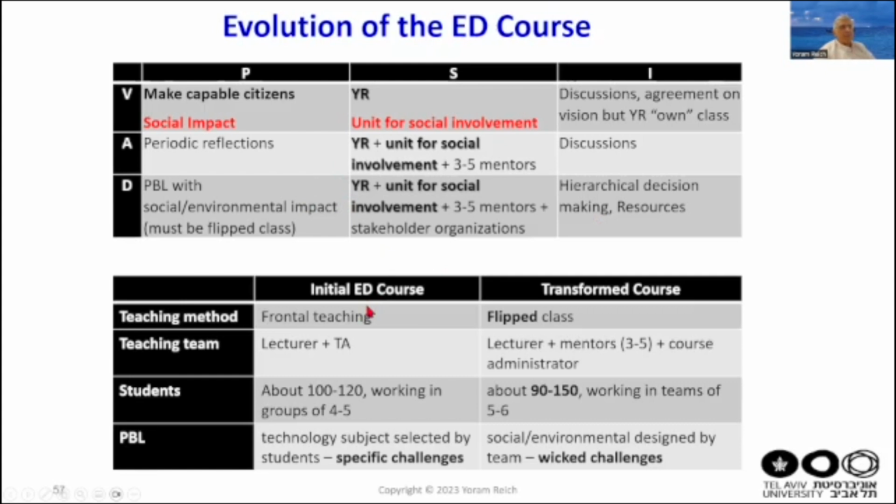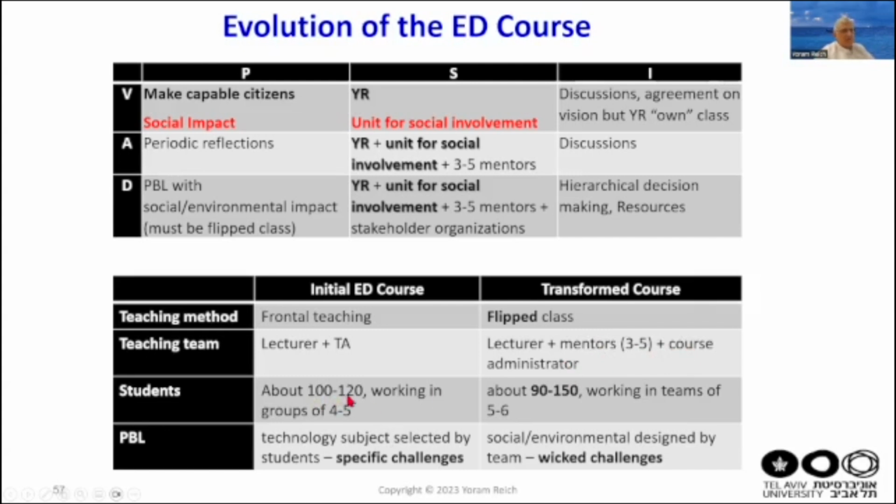The way that we moved the initial engineering design course, which is a regular engineering design course, to where we are today, is we moved frontal teaching to a flipped class. Students are supposed to look at videos at home and come back to class and just work with mentors. I was teaching with a TA, now it's lecturer, me, and 3 to 5 mentors and a course administrator.